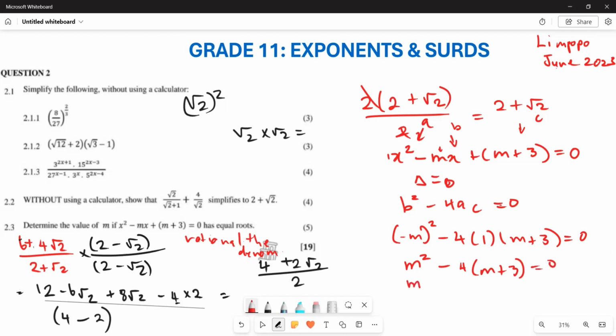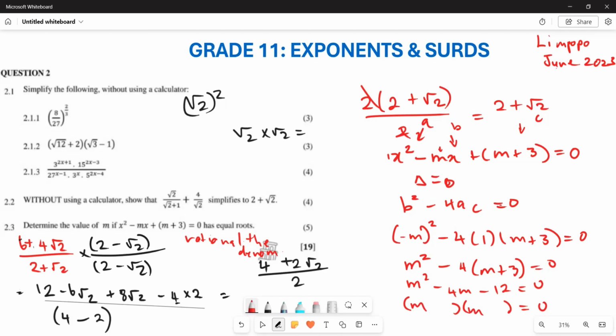So this is still the same as m squared, subtract 4m, this is going to be negative 12 is equal to 0, right? Now from here, you can open your 2 brackets, right? This is going to be your m, this is going to be your m. And what are the factors of 12 that can give you 4 here?